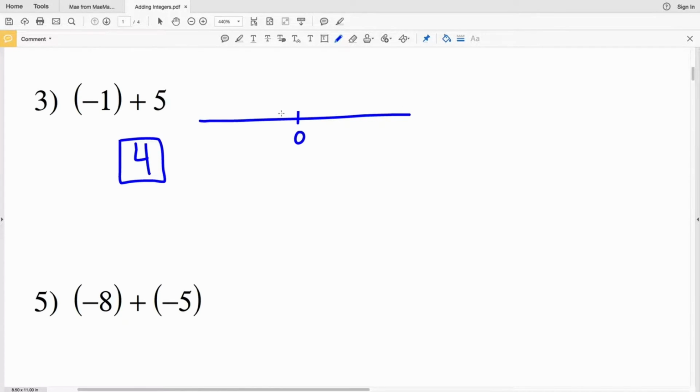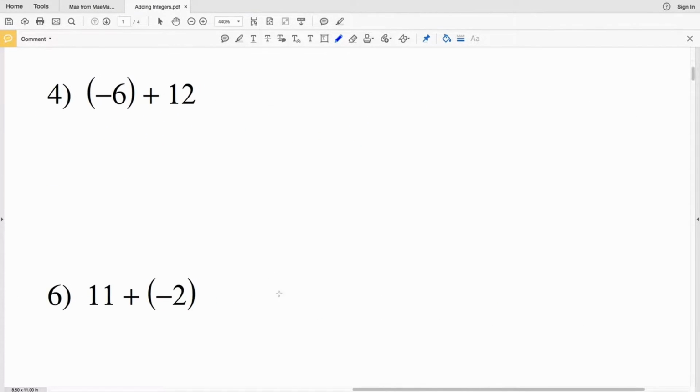Here's 0, here's -1. We're going to go over 1, 2, 3, 4, 5. Where we land is going to be 0, 1, 2, 3. This is 4 on the number line.